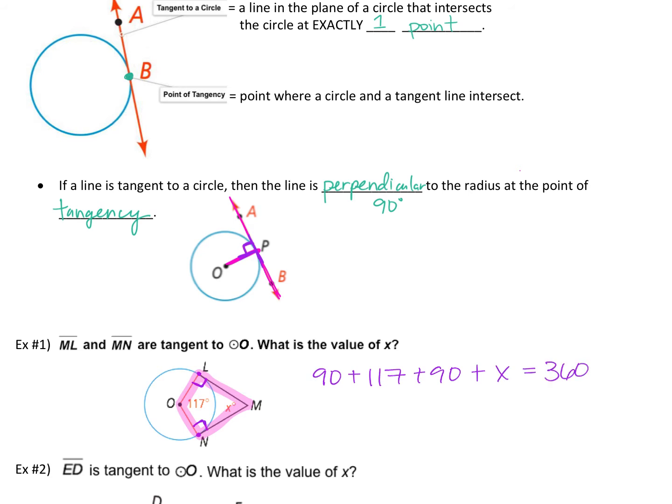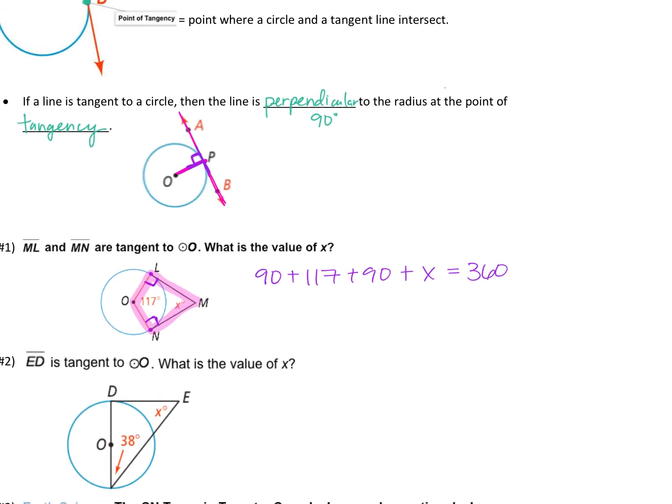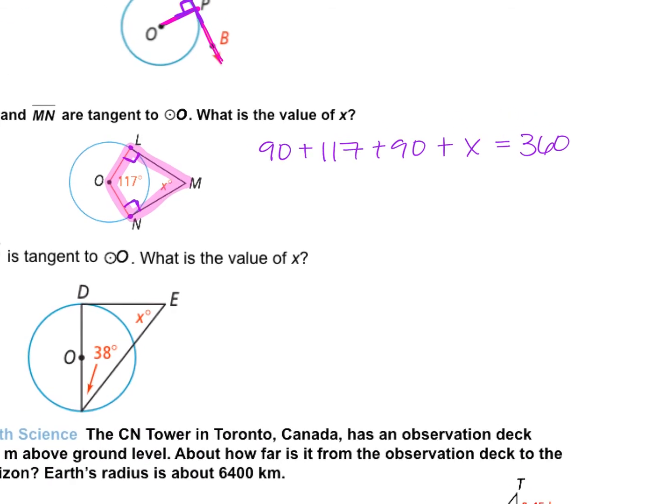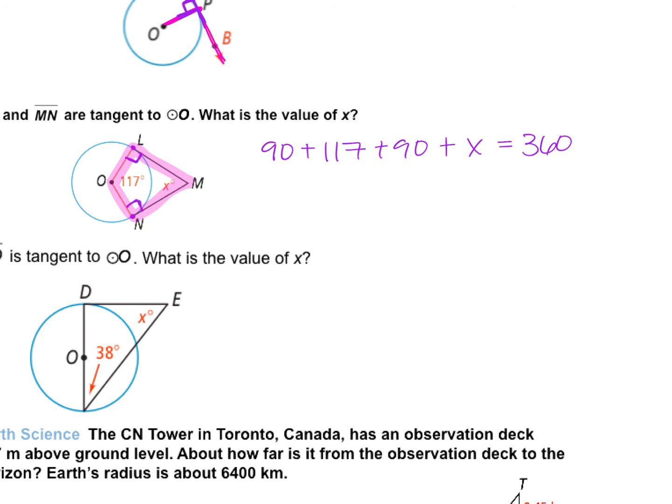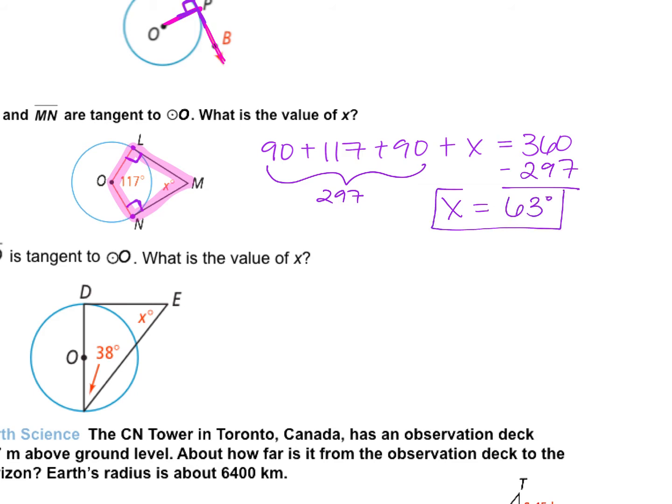It is a quadrilateral, has to add up to 360. So we're just going to do some basic math to simplify that. When you take all this away, does anyone know what that equals? 180, 297, yep. Okay, so if you take away that 297, you get X is equal to 63 degrees.